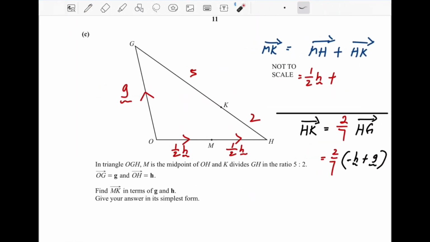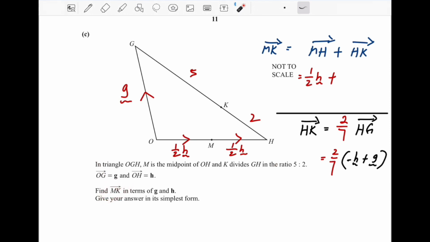Okay. Triangle OGH, M is the midpoint. So if OH is H, then this will be 1/2 H. And OG is G. The ratio is 5:2. Just put everything into a diagram. Find MK.